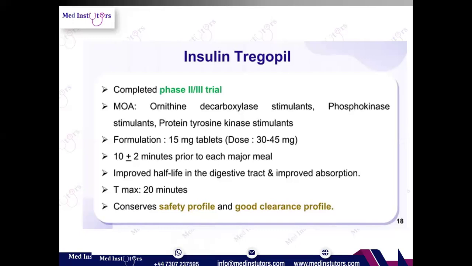Remember the name, insulin tregopil. It is in the clinical trial phases, and it's a promising one. The formulation is available in tablet form, and it is given 10 to 12 minutes prior to the major meal. Improved half-life, digestive tract stability, and improved absorption happens. So that is about insulin tregopil.